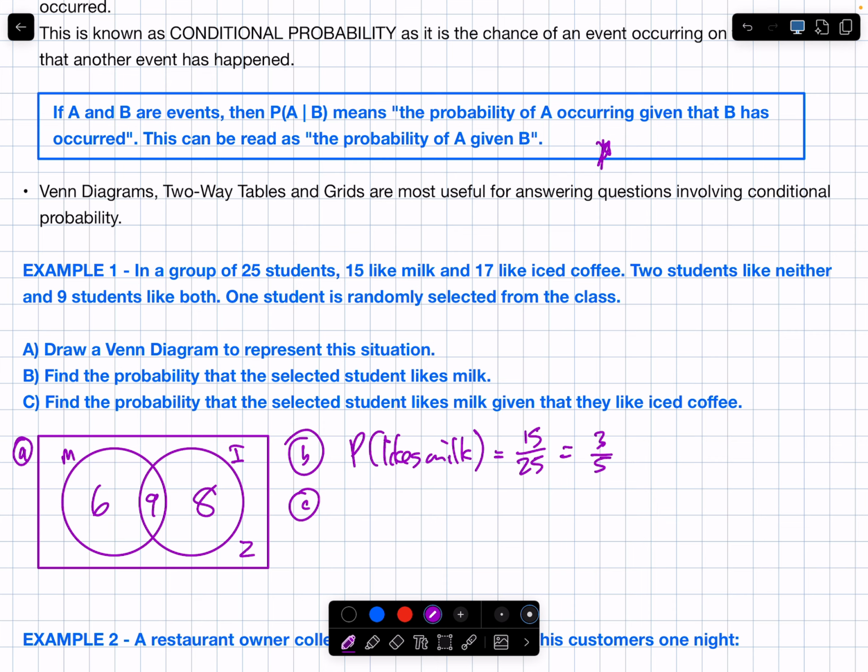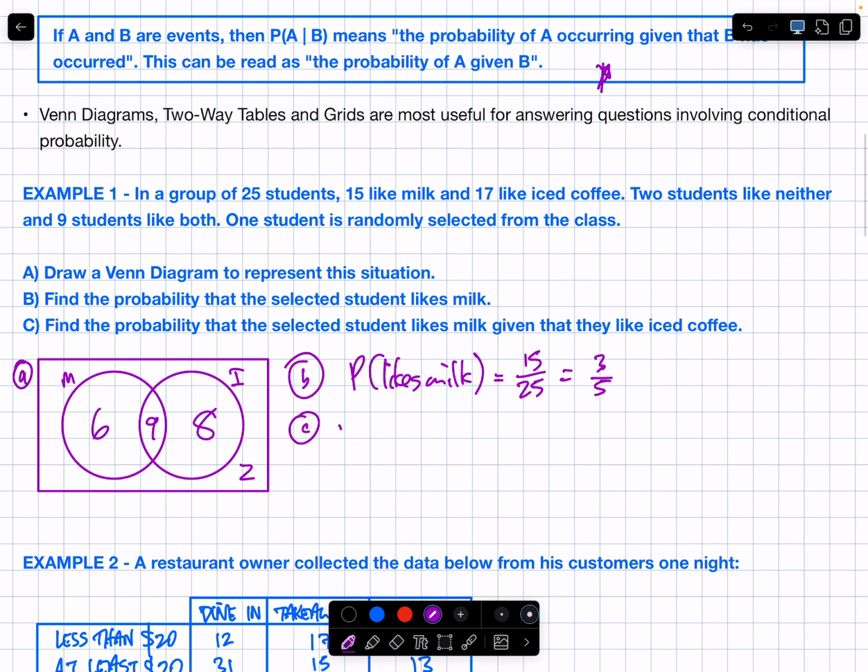But C, this is an example that's new for this lesson, the probability of likes milk, given that, so it's the vertical line, likes iced coffee, equals. So liking iced coffee is the condition applied here. I need to deal with this first.